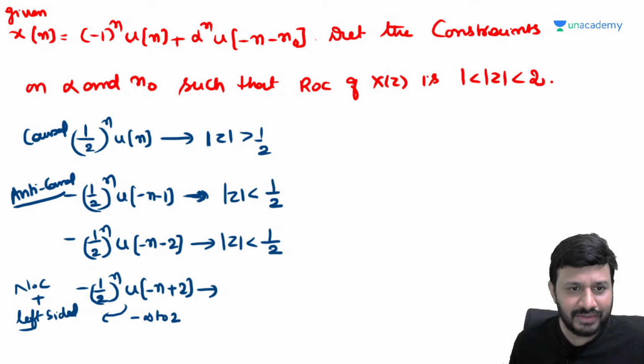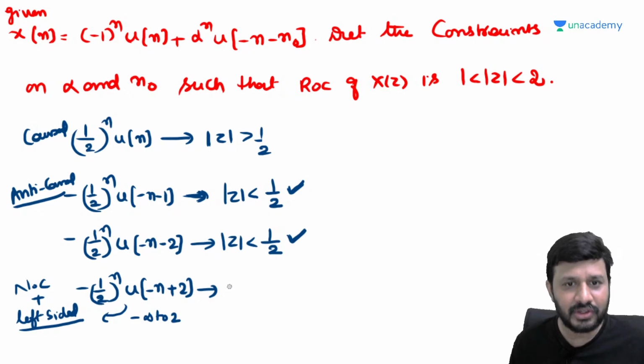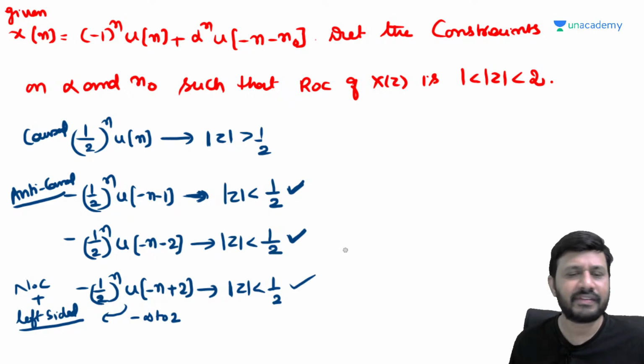Yesterday I told you, non-causal plus left-sided means the ROC will be inside of the innermost pole, but it will not include |z| = 0. In the earlier case the ROC includes |z| = 0. As this has become non-causal, this will not include |z| = 0. That is the only difference. So we write |z| < 1/2, but here it will not include |z| = 0. Or I can write 0 < |z| < 1/2 also. In this way also I can specify, no problem.